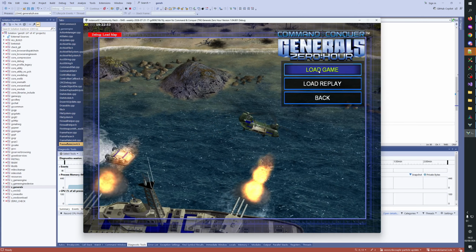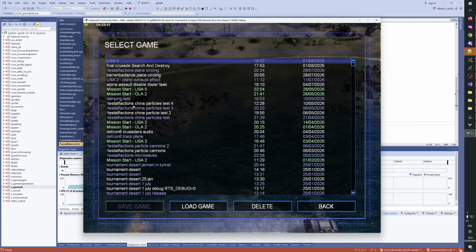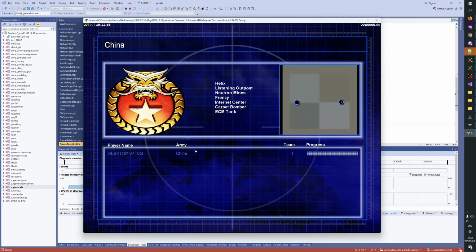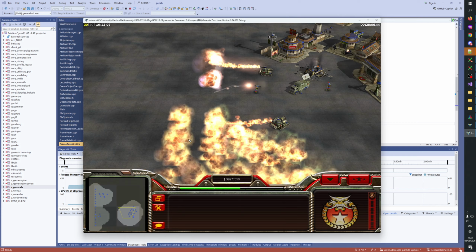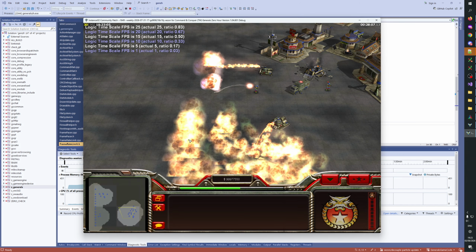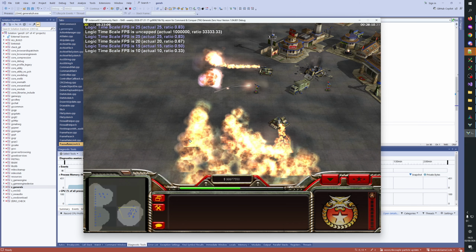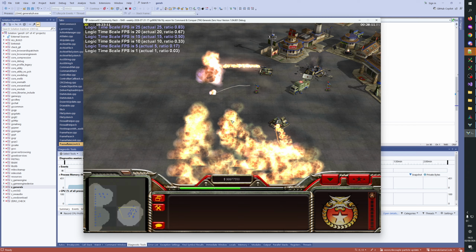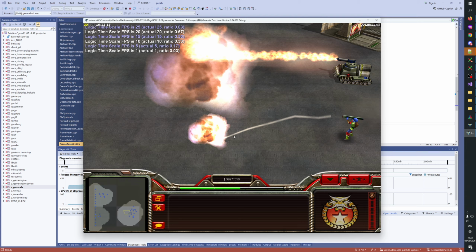Load. There we go. Then we do 1. Oh, that didn't work. There we go. Okay, so that is pretty much slow motion.